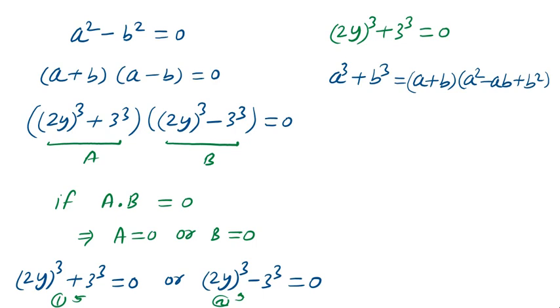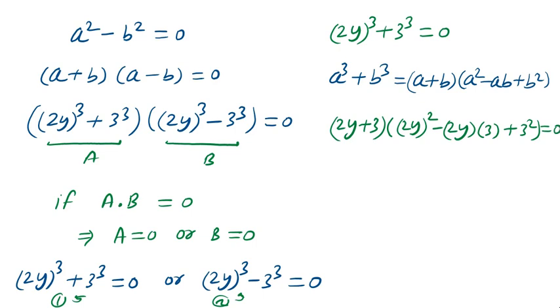So the factor of the left hand side is (2y plus 3) multiplied by ((2y) whole square minus 2y multiplied by 3 plus 3 square) is equal to 0.